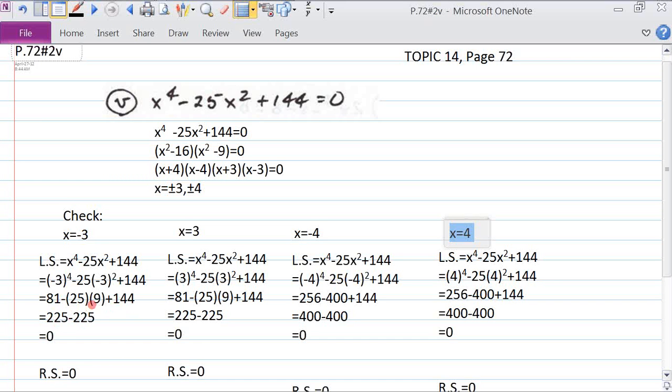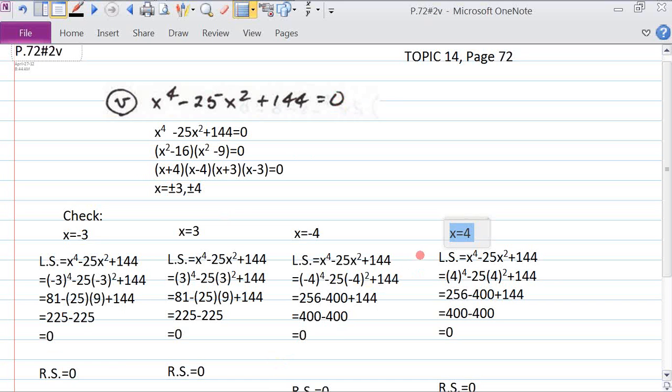And minus 9 times 25 will give you minus 225. So this term is positive; this is 81. This is positive; this is 144. If you add 81 and 144, you get 225. And minus 3 squared is 9. So minus 25 times 9 gives you minus 225. So it's 0, and the right side of this is 0.